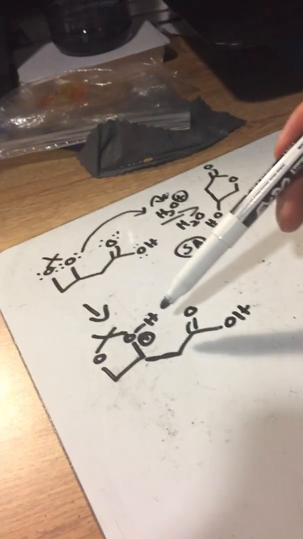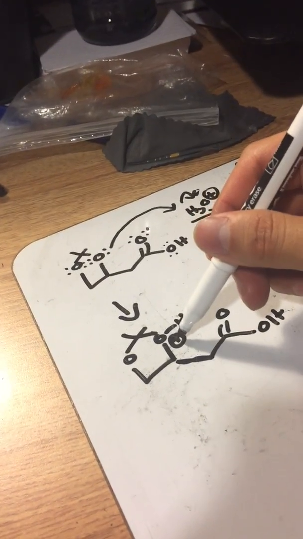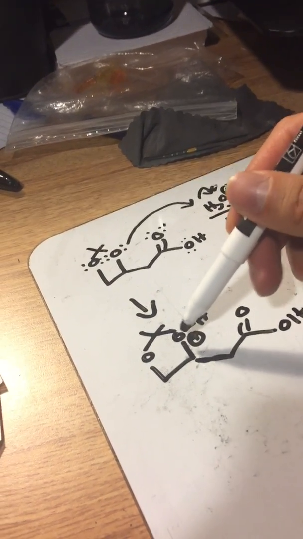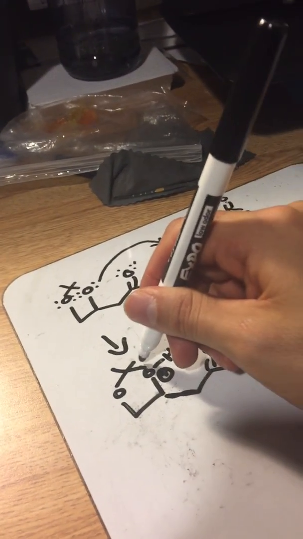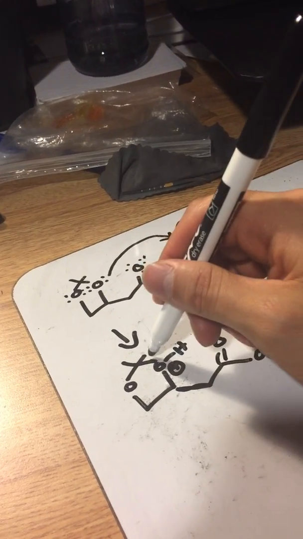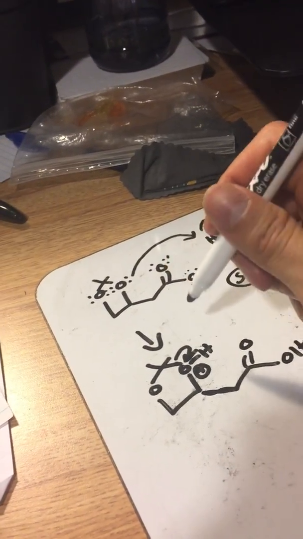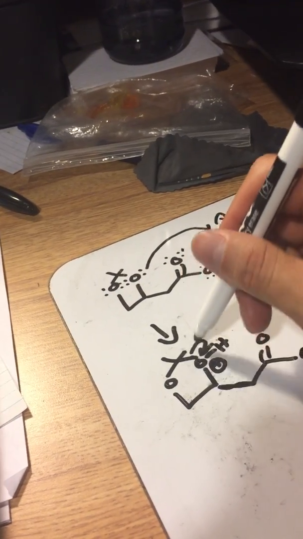So our next objective is to take care of this positive charge on this oxygen, because it isn't very happy at the moment. We do that by collapsing and resonating electrons. But there has to be a driving force to break this sigma bond.